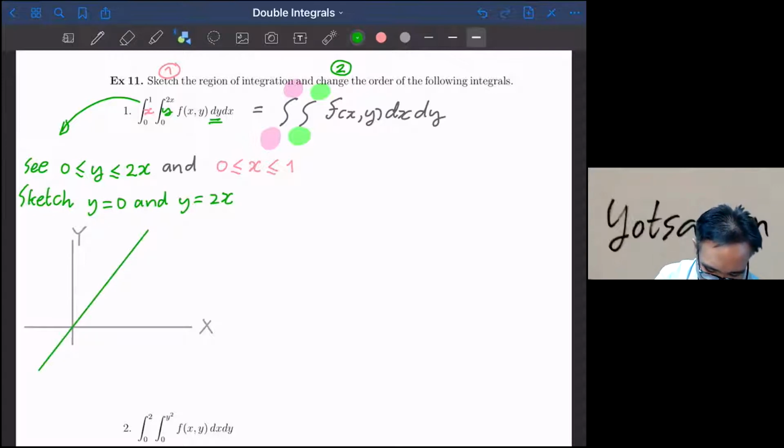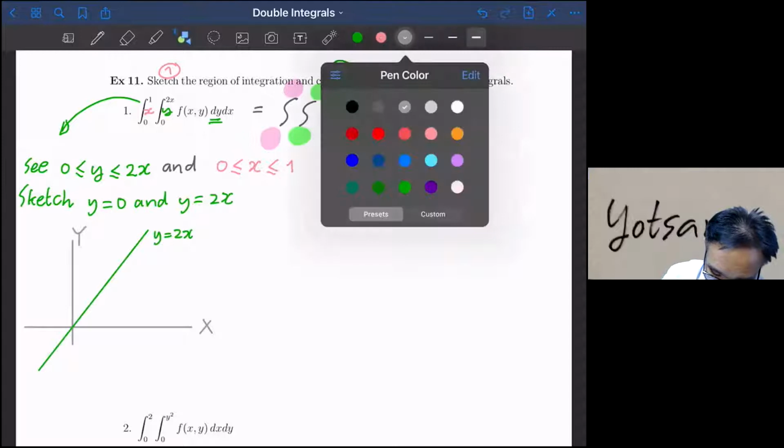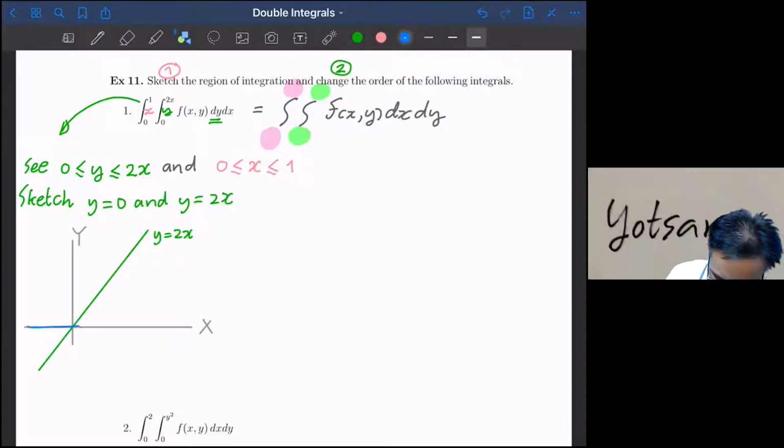So you have y equal to 2x, and you have y equal to 0, which is this line, the x-axis. And x covers from 0 to 1, so x equal to 1 is here.